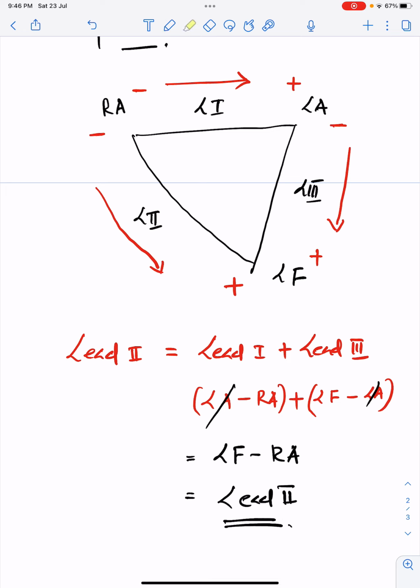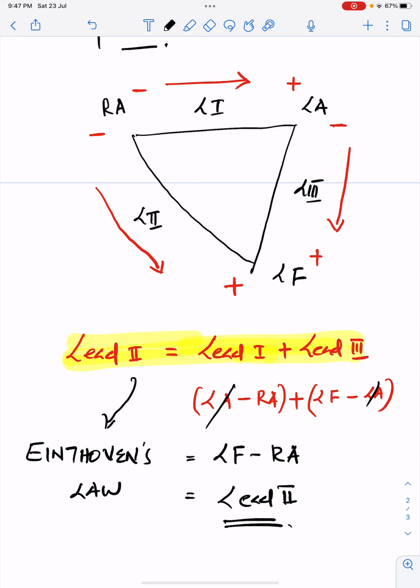So this equation is called Einthoven's law.